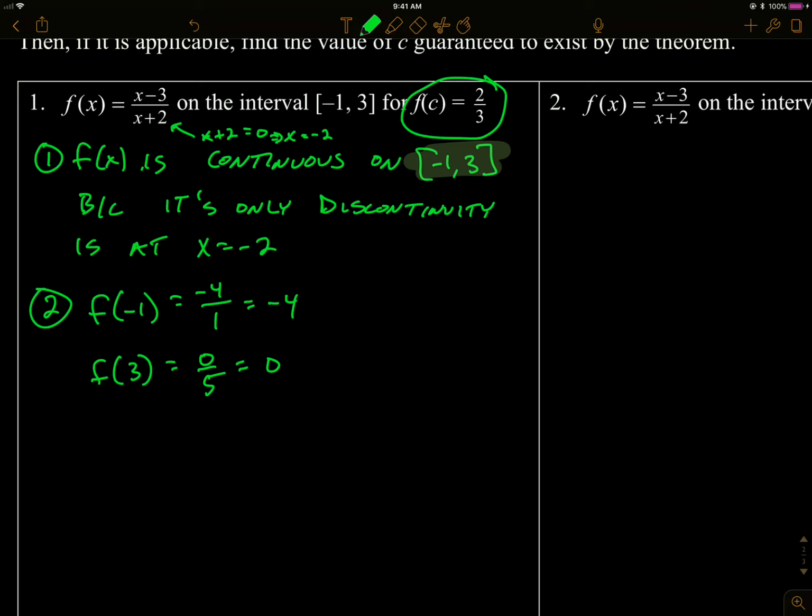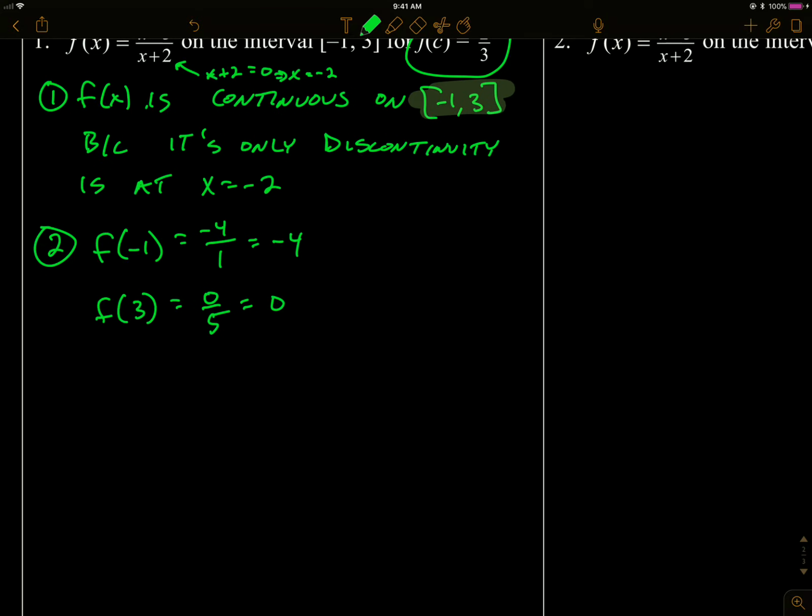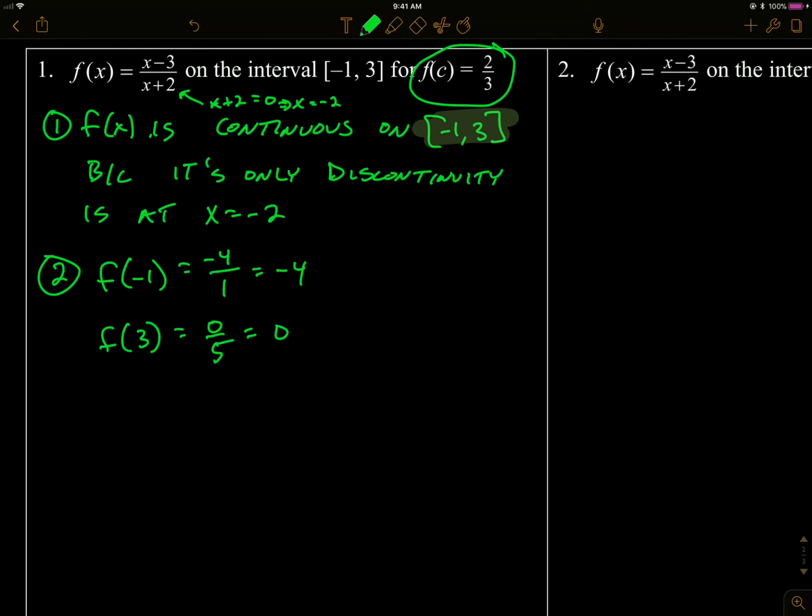So the question is, is 2/3 in between 0 and -4? It is. So that means the intermediate value theorem will apply. Oh, no, 2/3 is not between those because I have it backwards. Sorry, I'm thinking 0 to 4. From -4 to 0, 2/3 is not between those. So we're going to say, therefore, it does not apply.